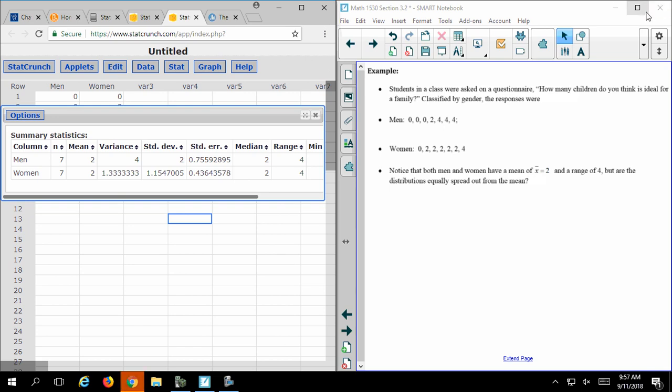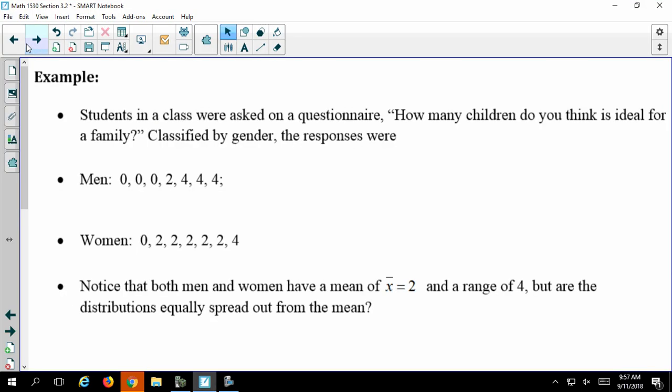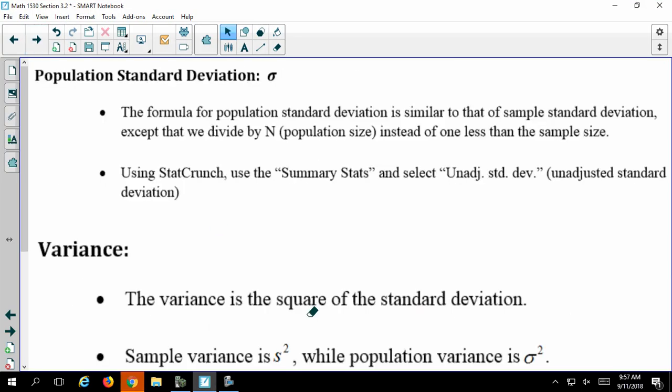All right, so leave that data there. Don't close that window. We'll go back to that. So population standard deviation has a different symbol. It's also called sigma, but it is the lowercase sigma in the Greek alphabet. So that's what this is.